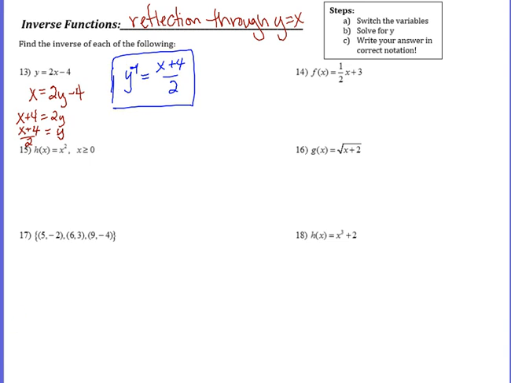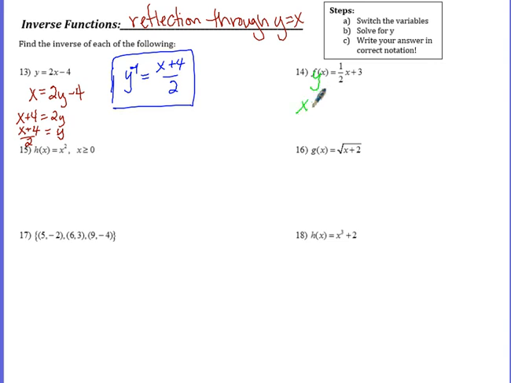So let's see how this plays out on number 14. First decision. For simplicity's sake, let's for right now call this y. Y equals 1/2 x plus 3. So to help us get started, let's go ahead and think of this as a y, so that when we swap the variables, it's a little easier to think about. So swap x and y.